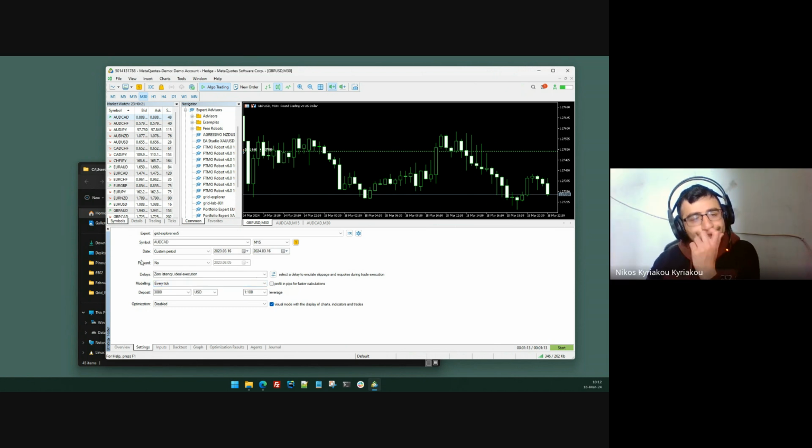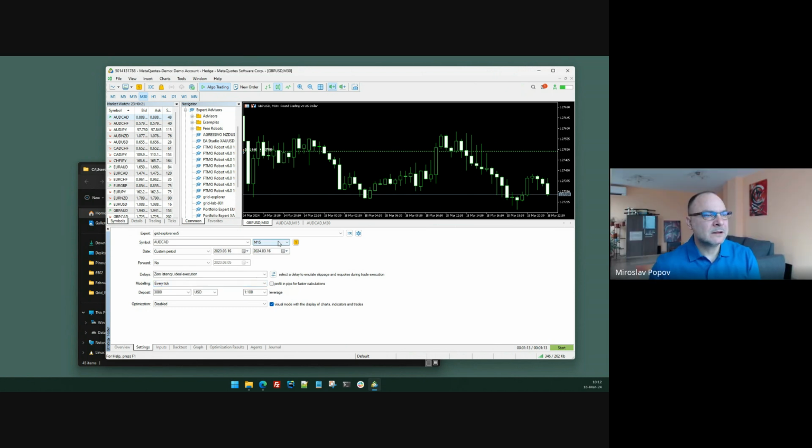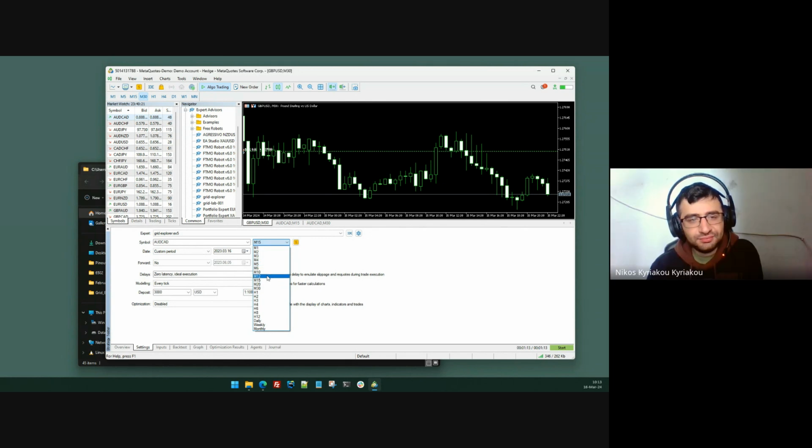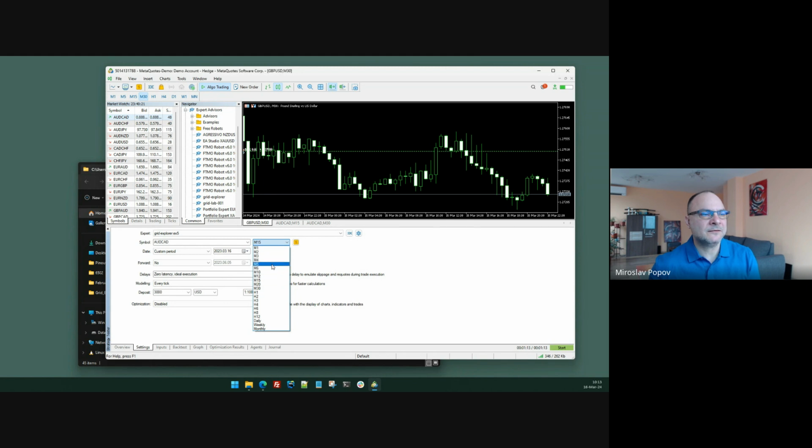The period is not so important. We can test on any period because we're trading on tick, and the bars actually do not matter. Either M5 or M15 is suitable. For the overview, M15 is okay because we can see the grids on the chart.